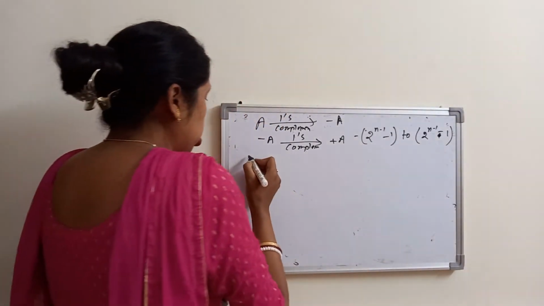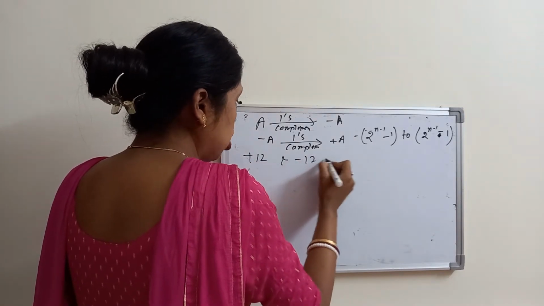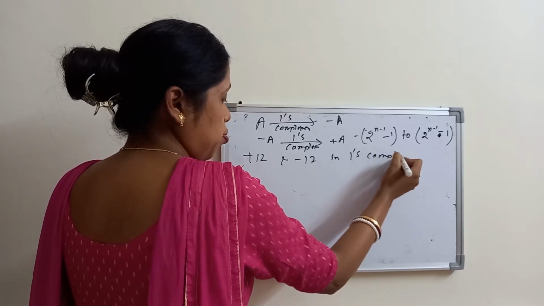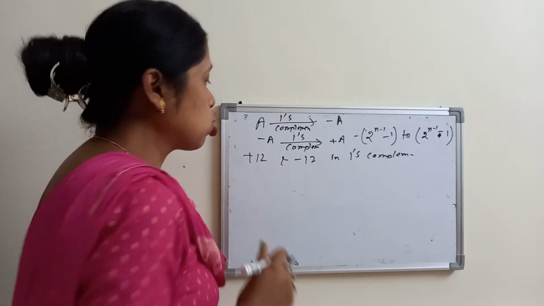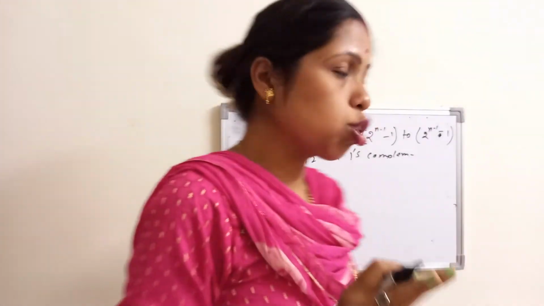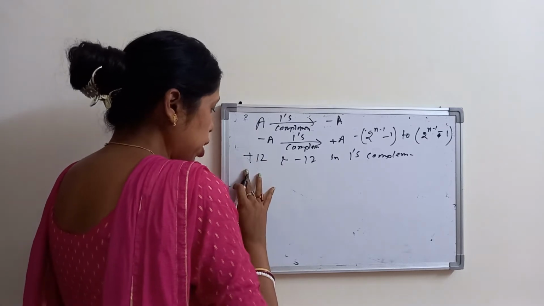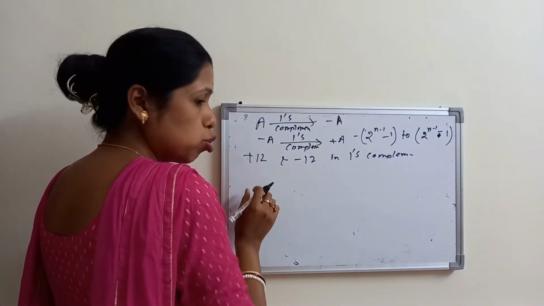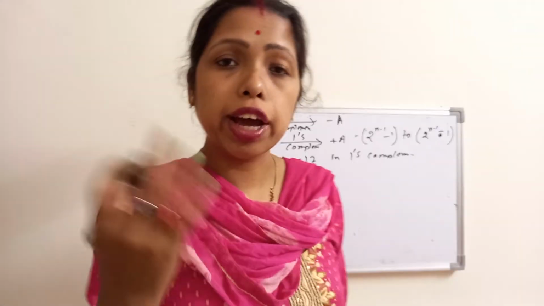Suppose I have to write plus 12 and minus 12 in first complement format. For the first complement and two's complement, I cannot remove the MSB for getting the magnitude.